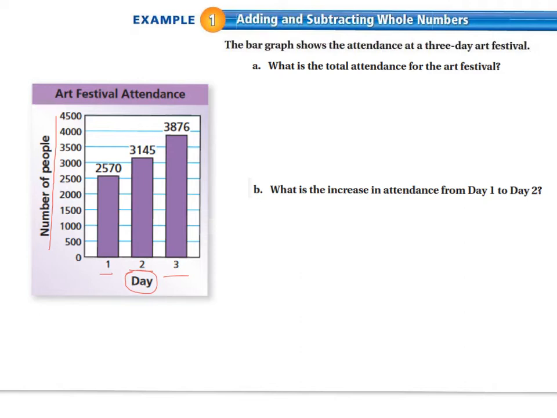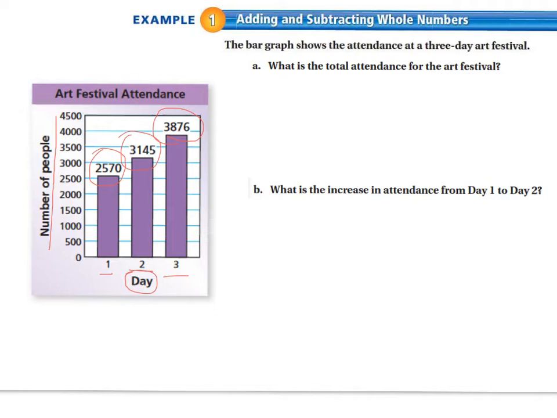So I can see that on day 1, I have 2,570 people in attendance. Day 2, 3,145. And day 3, 3,876. I want to find the total attendance for the 3 days. The phrase total attendance tells me that I need to find the sum.